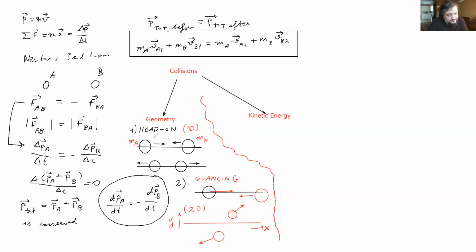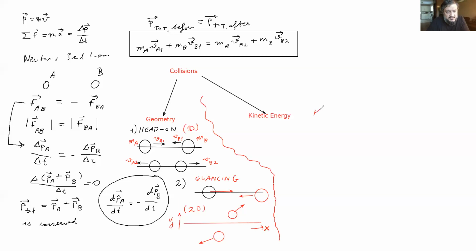These are the velocities before, VA1, VB1, and this is VB2 and VA2, right? You can name them similarly. But what we need to check is what happens to the total kinetic energy.